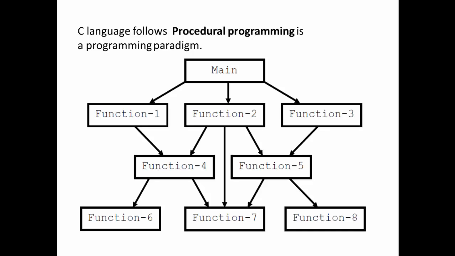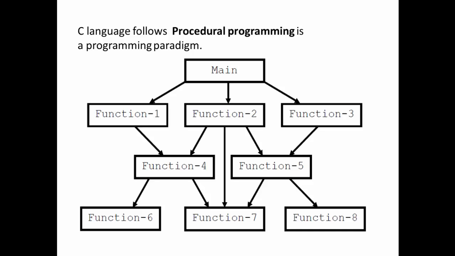Even though you have 10,000 lines of code and hundreds of functions defined in your program, you can consider main as the entry point. That's the reason in this diagram the main is shown at the top of all functions.